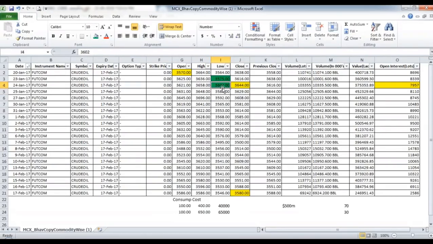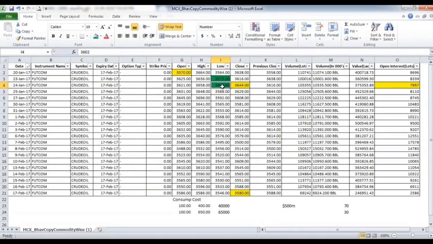Just try to visualize this. On this day it went below 3600, 3602, and it came back and closed above 3602, right? There was some sort of indication of buying which had happened, right? The next day when it is opening, it goes below 3602.